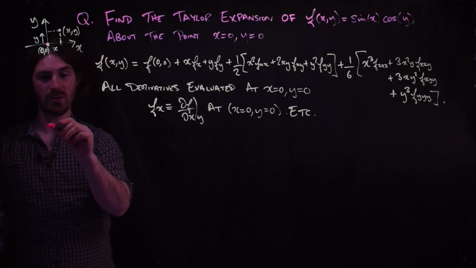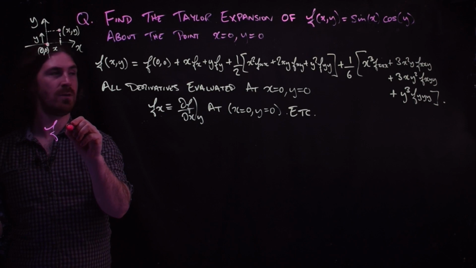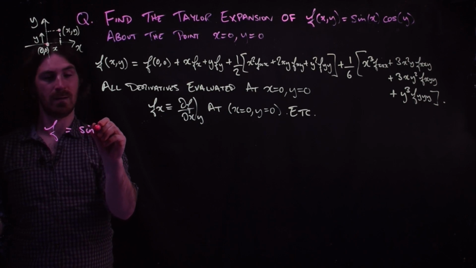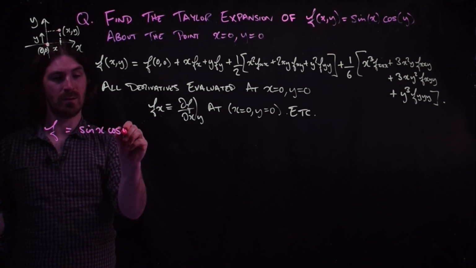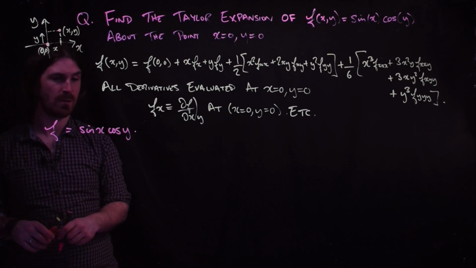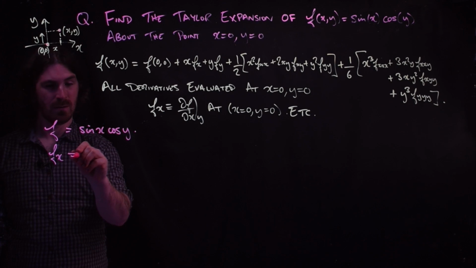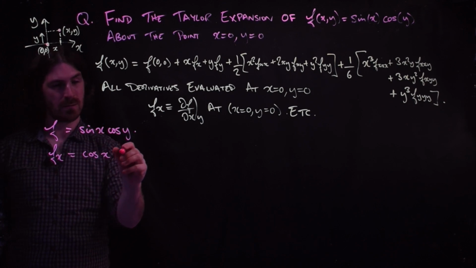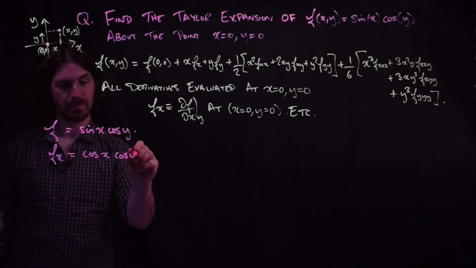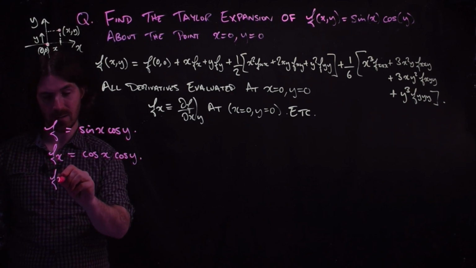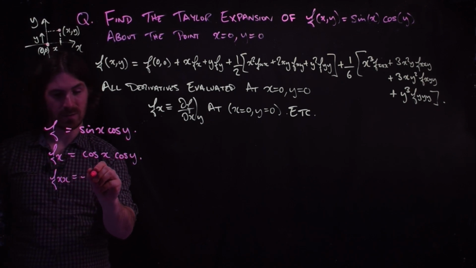So let's write our function. Our function f is equal to sine x cosine y. Now if we differentiate with respect to x, we get cosine x cosine y. If we differentiate again with respect to x, we get the sine back.